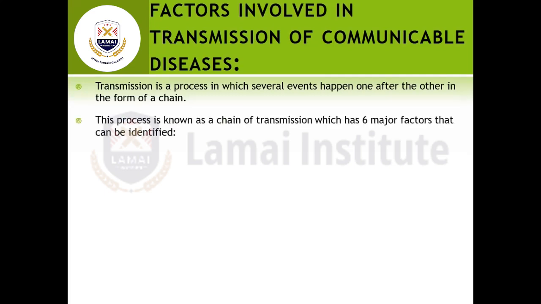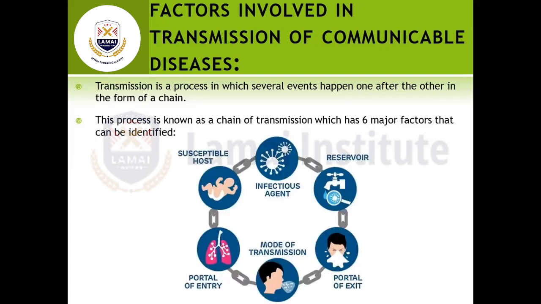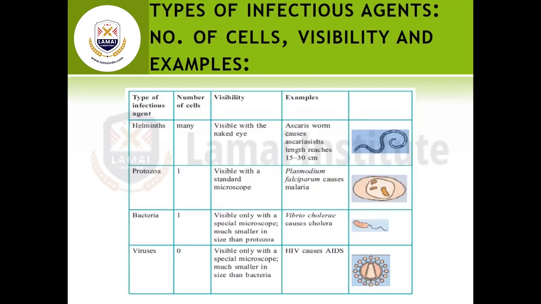This process is known as the chain of transmission, which normally has about 6 major factors that can be identified: the susceptible host, the reservoir, the infectious agent, the portal of exit, the mode of transmission, and the portal of entry.